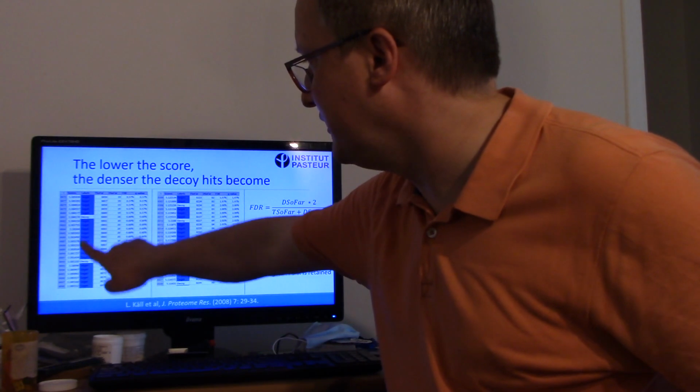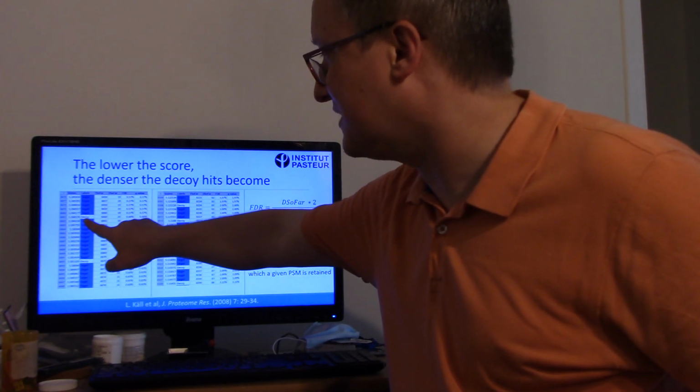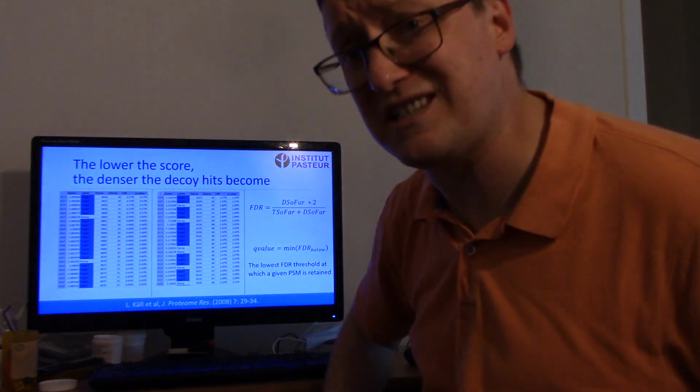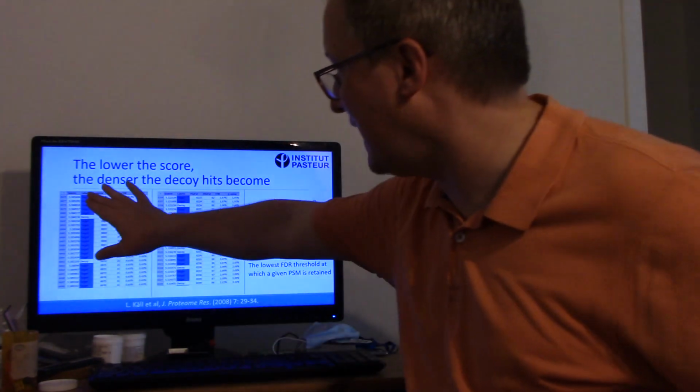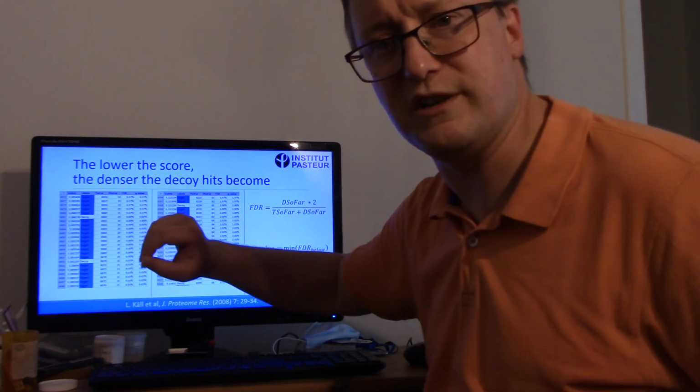When I look at this region, I can see that hit number 6681 is a decoy, and hit number 6692 is a decoy hit as well. But out of this entire block of PSMs, just two are decoys.